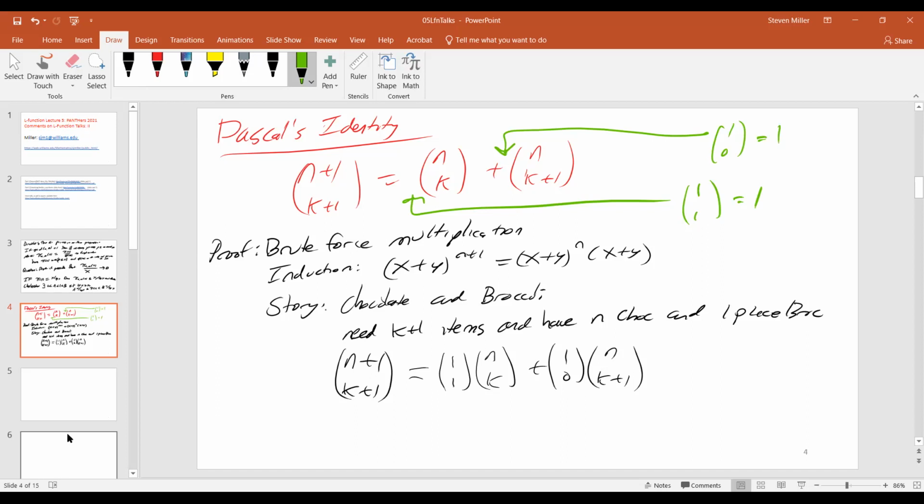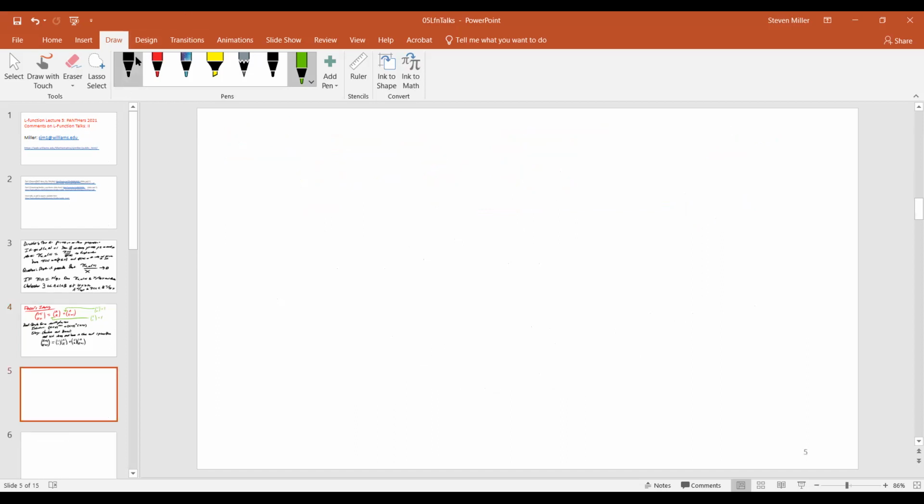I will do just one more story. Does anybody know what this sum is? The sum k goes from 0 to n of n choose k squared.